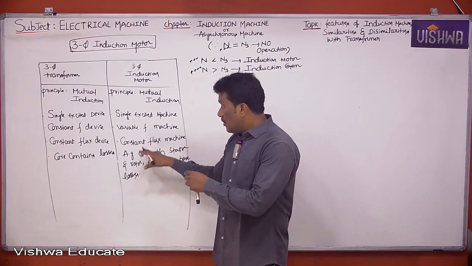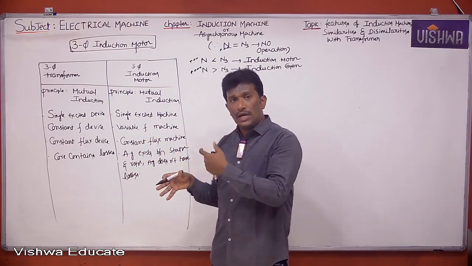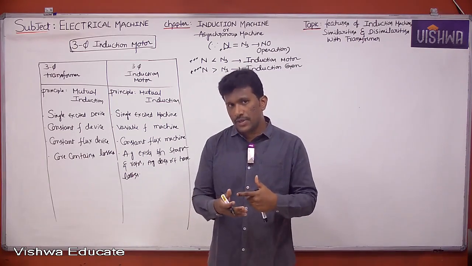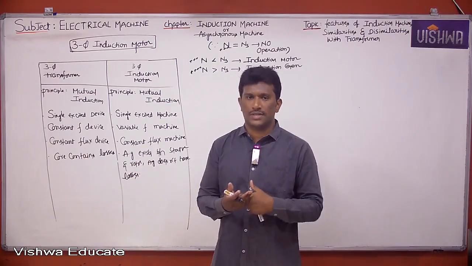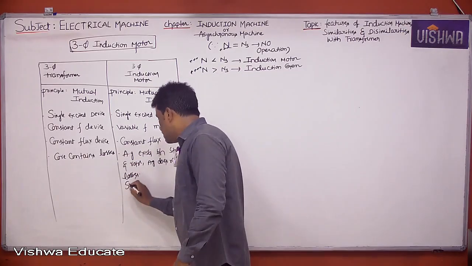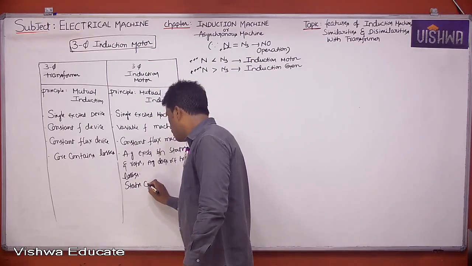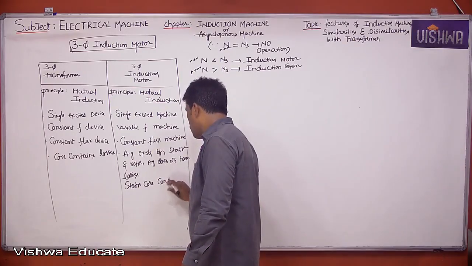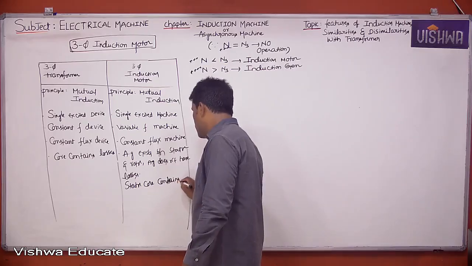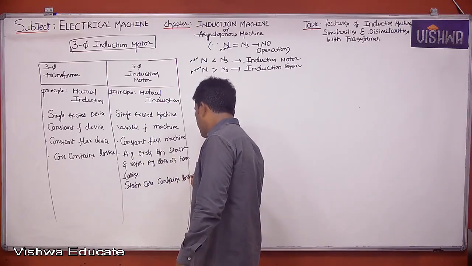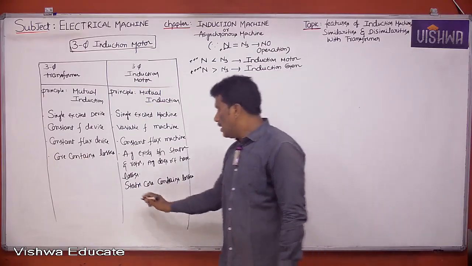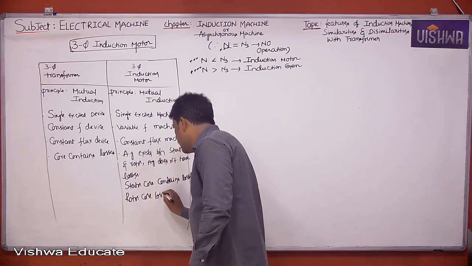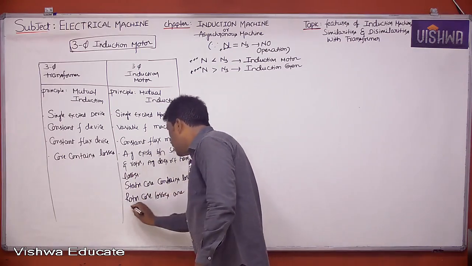The stator is there, the rotor is there. The stator will be having its core, and in the stator core we are placing the stator windings. So obviously the stator core will be having losses. Let me write here: stator core contains losses. And rotor core losses are negligible.